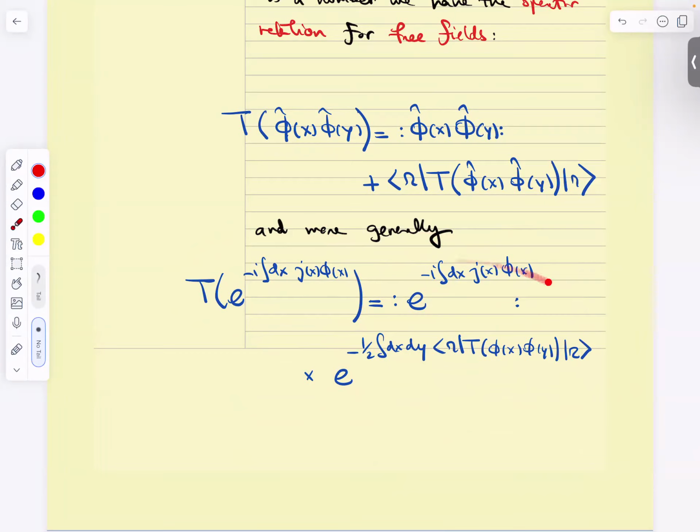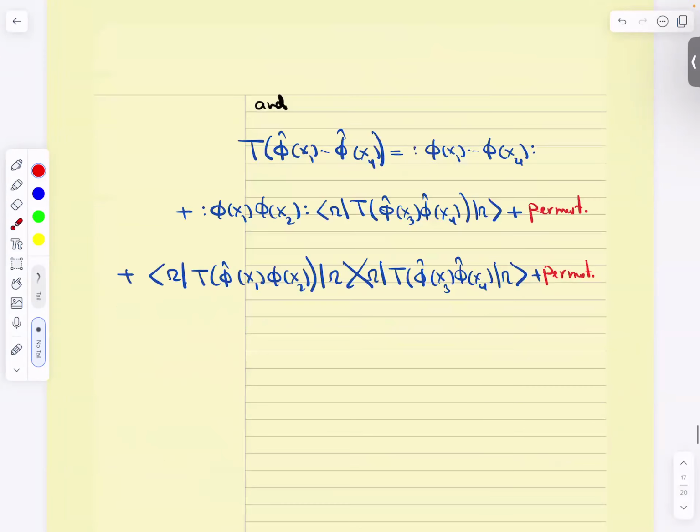This gives you an algorithmic way to calculate your favorite correlation function really, really fast in the language of these diagrams. So, for example, you want to write down the time ordered 4-point function.